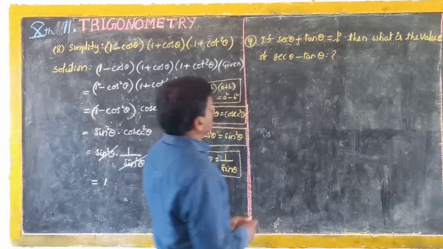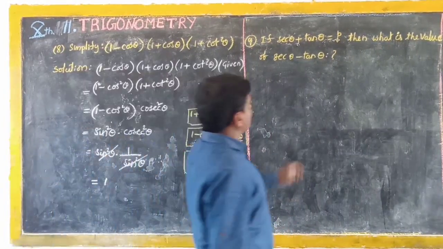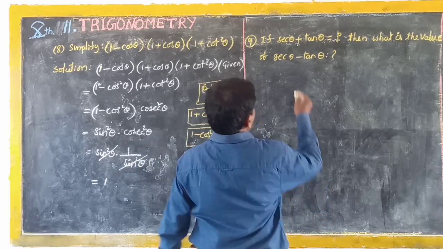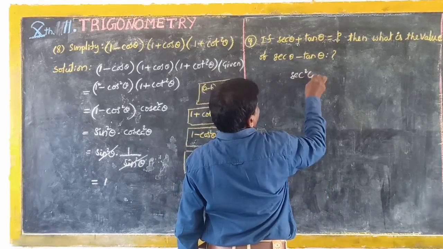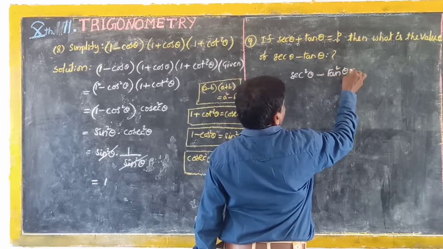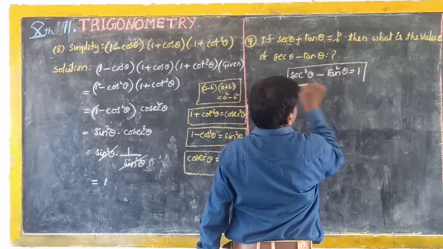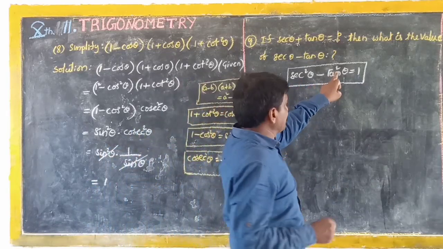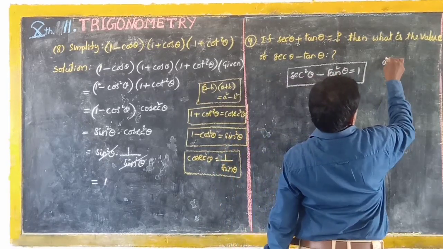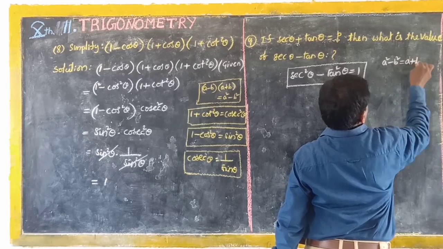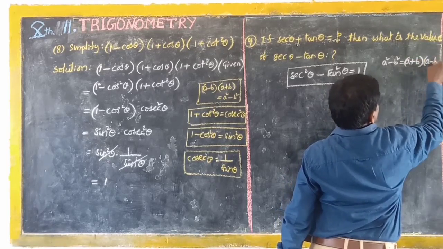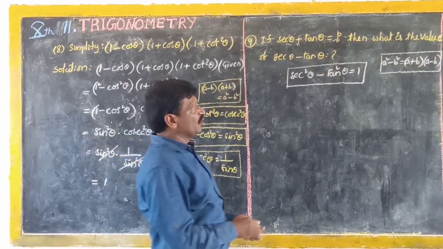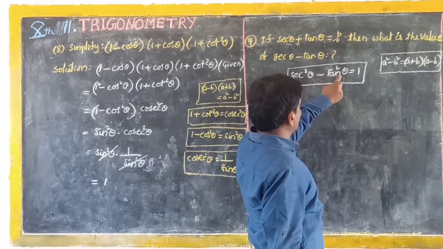If secant theta plus tan theta is equal to p, then what is the value of secant theta minus tan theta? It's easy. We know sec²theta minus tan²theta is equal to 1. We knew it is a formula. So a² minus b² is equal to (a plus b)(a minus b), where a means secant theta and b means tan theta.